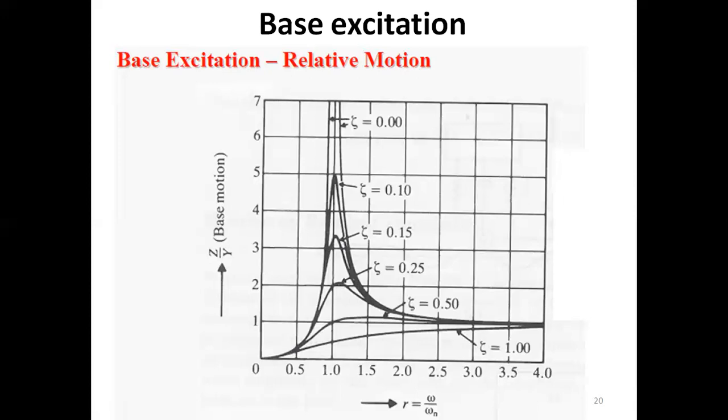Z equal to y means that at very high frequency ratios, the relative motion of the mass would be approximately equal to the amplitude of the base excitation. So very important information: at high frequency ratios, the amount transmitted to the mass in terms of relative displacement would be approximately equal to the amplitude of the base excitation.